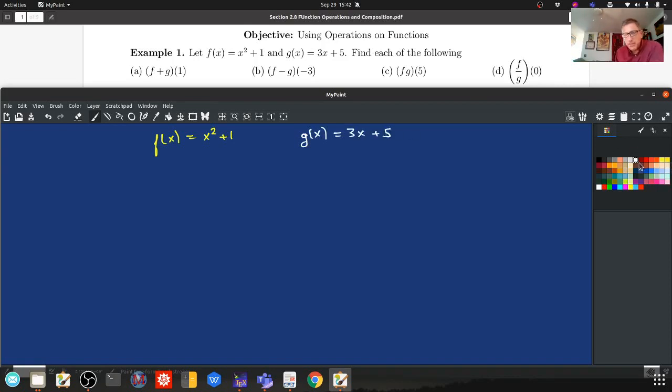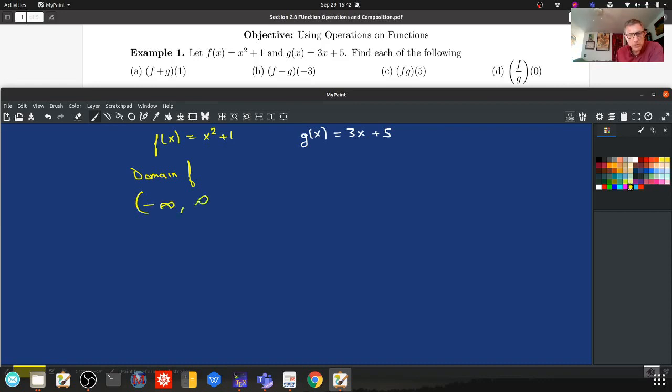So let's take a moment and think about their domain. So the domain of f are all real numbers, so that when I square that real number and add 1 to it, I get a real number. So the domain of f is literally every single real number.